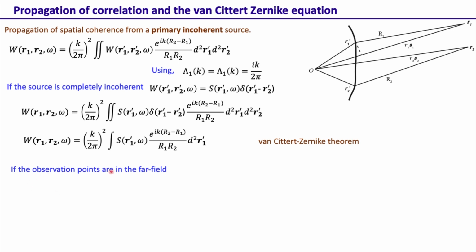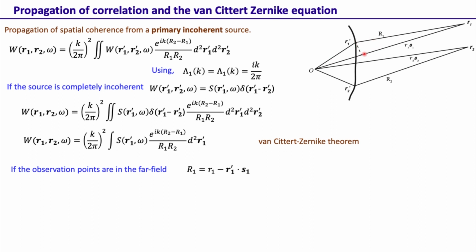Now the observation points R1, R2 may be in the far field. Of course this equation is for when these points are separated by any distance, but when these two points are in the far field, that means far away from the source, then we can approximate R1 as this distance, which is just the perpendicular onto this line.